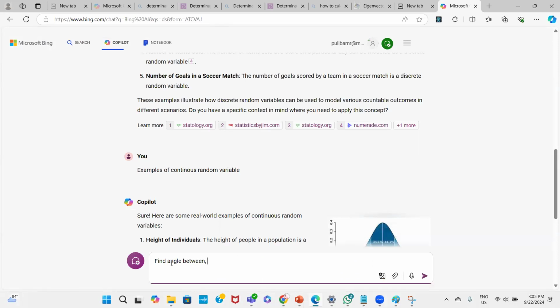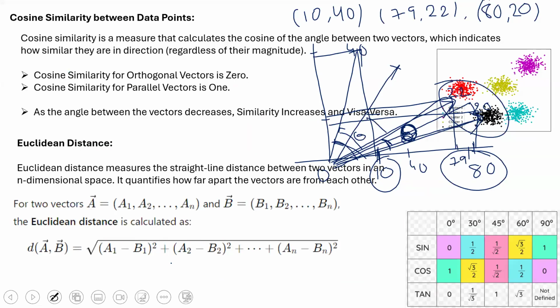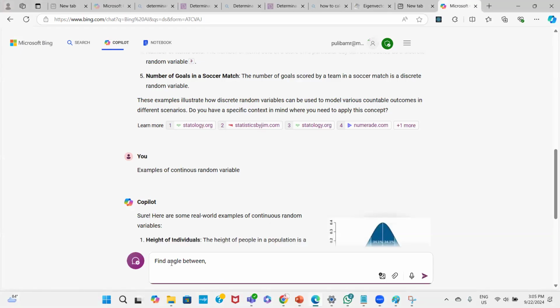What are the three points? 10, 40; 79, 22; and the other one is 80, 20.